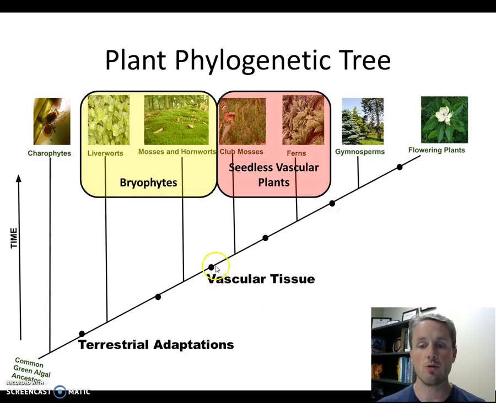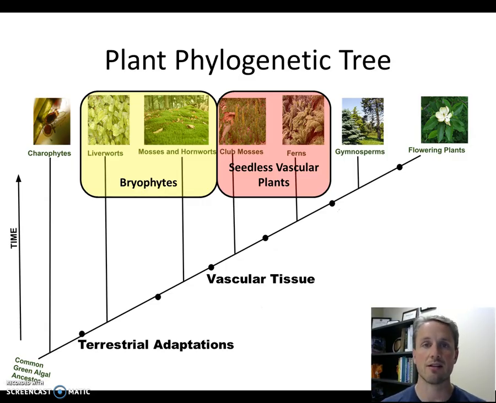All right, so if we continue up the evolutionary tree here, we've added the vascular tissue. Again, all the organisms at the end of the tree will have vascular tissue as we go. But as we pass the seedless vascular plant branches, we reach another point on the tree where we're going to add another characteristic that the gymnosperms and the flowering plants have.